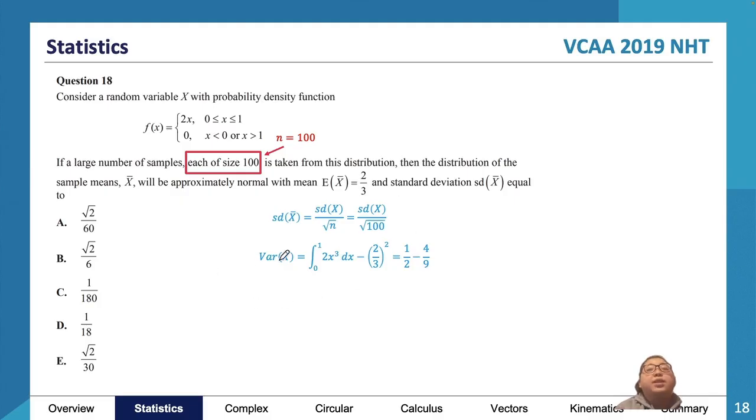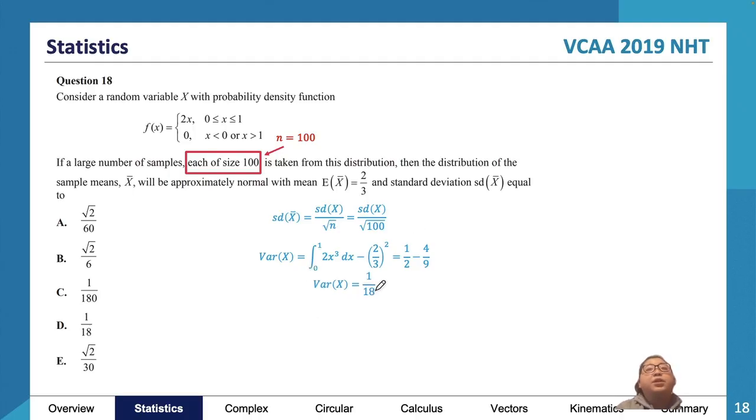And in order to find the standard deviation of the function, what we want to do is integrate x squared times the function, and then subtract the mean squared, to find what the variance is going to be here. So that's the integral from 0 to 1 of 2x cubed dx, minus (2/3) all squared, which equals a half minus 4/9.